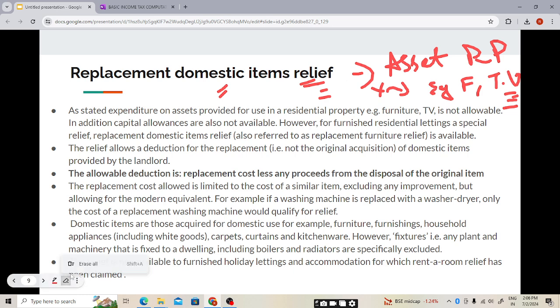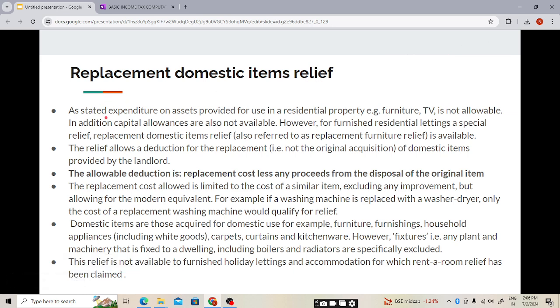Now we will be covering this. As stated, expenditure on assets provided for use in the residential property like furniture, TV is not allowable, because the expenditure which you incurred on a TV is not allowed. In addition, capital allowances are also not available. However, for furnished residential letting, a special relief, replacement domestic relief, also referred to as replacement furnished relief, is available.